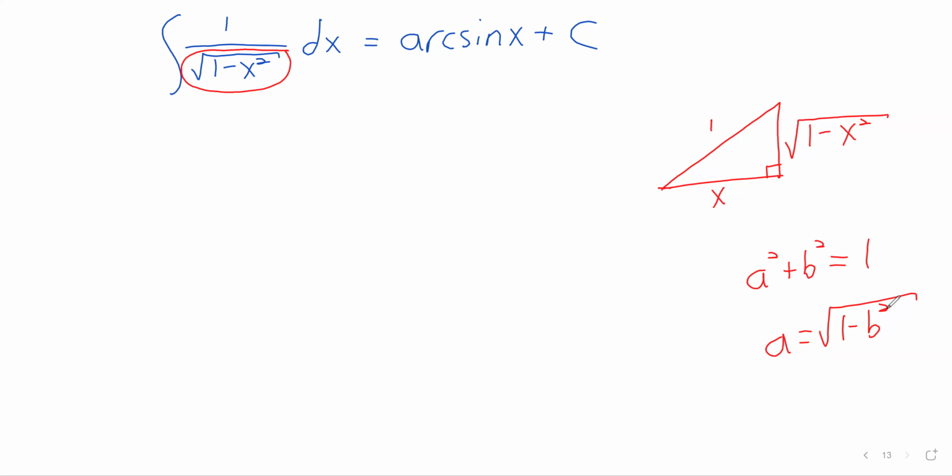And you might then look at this and say, well, this is pretty limiting as well, because what if the hypotenuse isn't 1? What if the hypotenuse is something else? Or what if this isn't x? What if this is, I don't know, 7 times x?